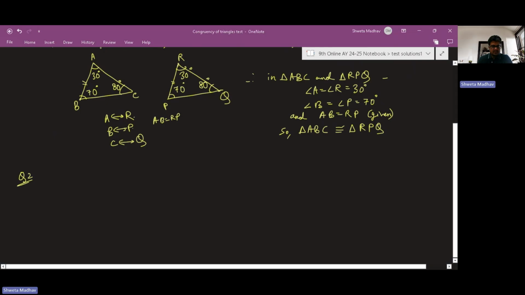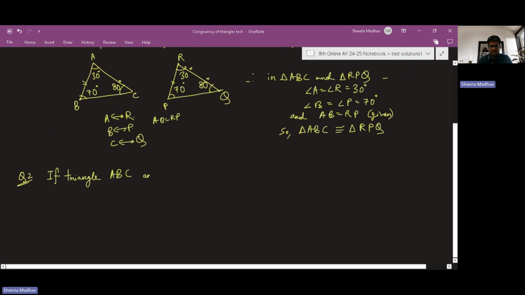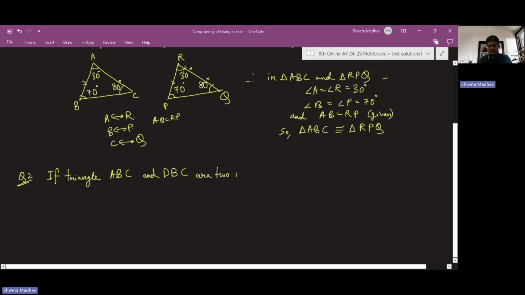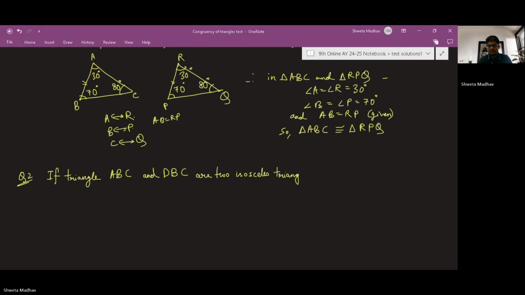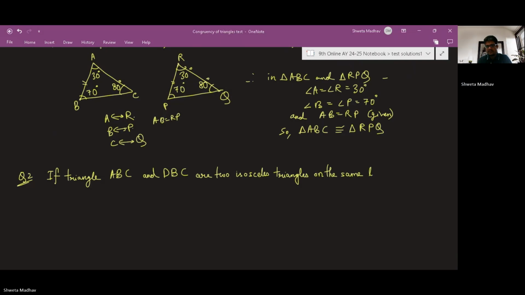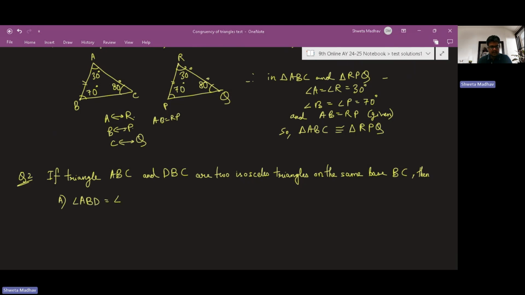Then in question number 2, it is told that triangle ABC and triangle DBC are two isosceles triangles on the same base BC. Then the first option is that angle ABD is equal to angle ACD.